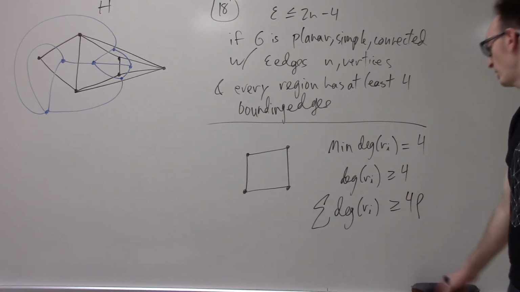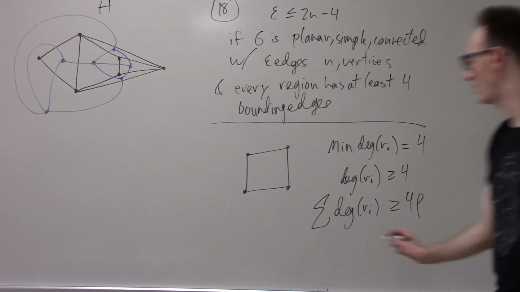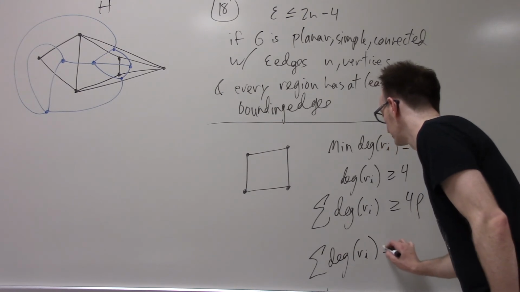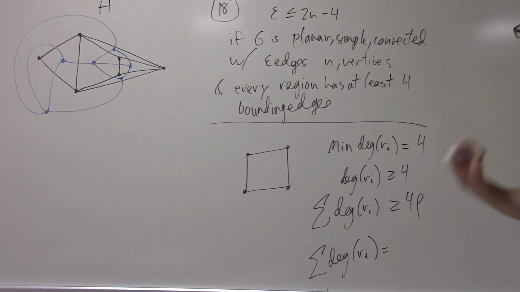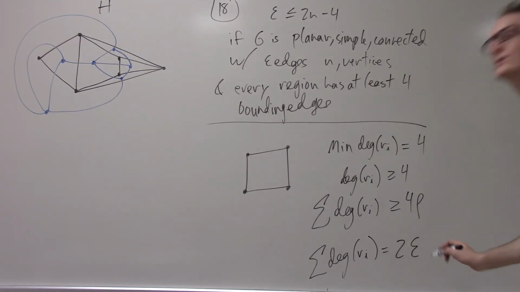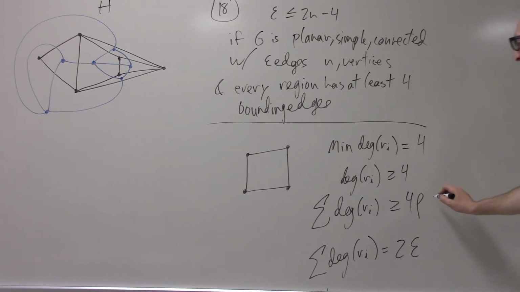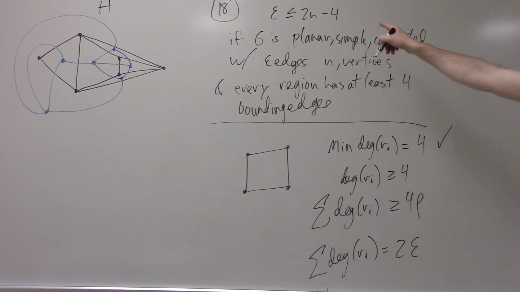Agreed? Okay, well also, what do I know via handshake about the sum of the degrees of all the regions? It's 2 times the number of edges, because when you count the degrees of every region, you're counting the number of edges that border that region, but then every edge gets counted twice, yeah? Okay, so this is a math fact, that the minimum degree of every region is 4, because that was part of the problem.